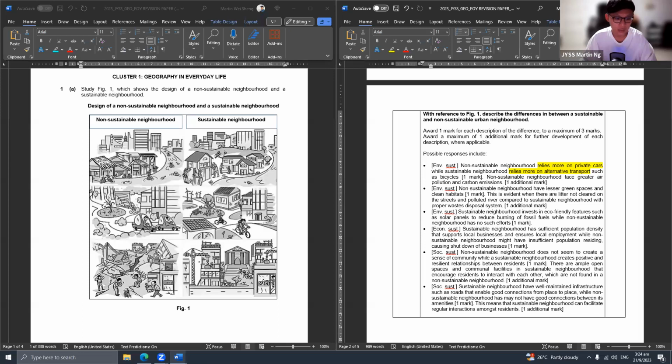If we look at the houses, you can see all these houses are built without proper waste disposal, so that's why they throw all their trash into the river. However, on the right side, all these houses are properly built, and they have a proper waste disposal system, so they do not need to throw their trash into the river.